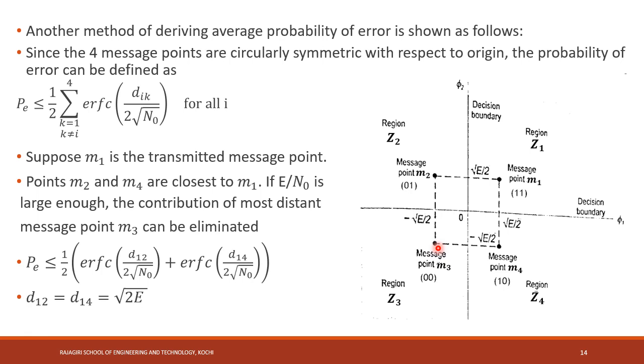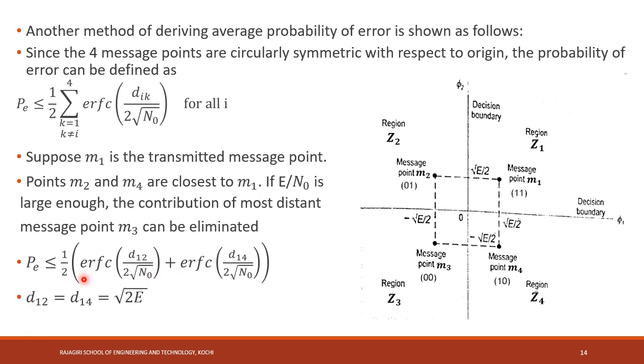This is because your message point M1 is 1 1 and the message point M3 is 0 0, so the likelihood that both the bits will go into error will be very small. So that is why you can eliminate the contribution of the most distant point, and you can consider dik as the distance of the message M2 from M1 and the distance of the message M4 from M1.